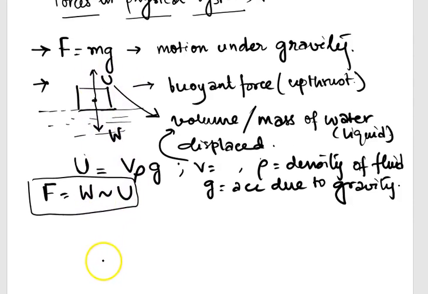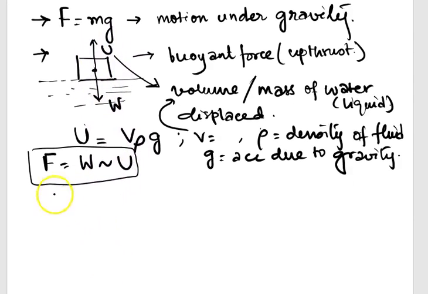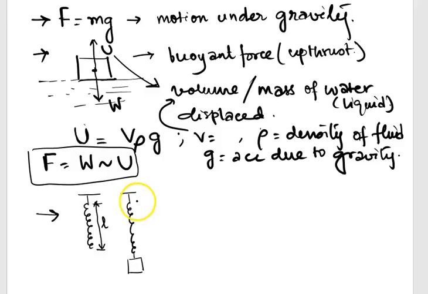Another commonly encountered example is, say, a spring. Okay, so this is a spring, and this is the same spring when it's loaded. So this is, say, L or L naught, the initial length.